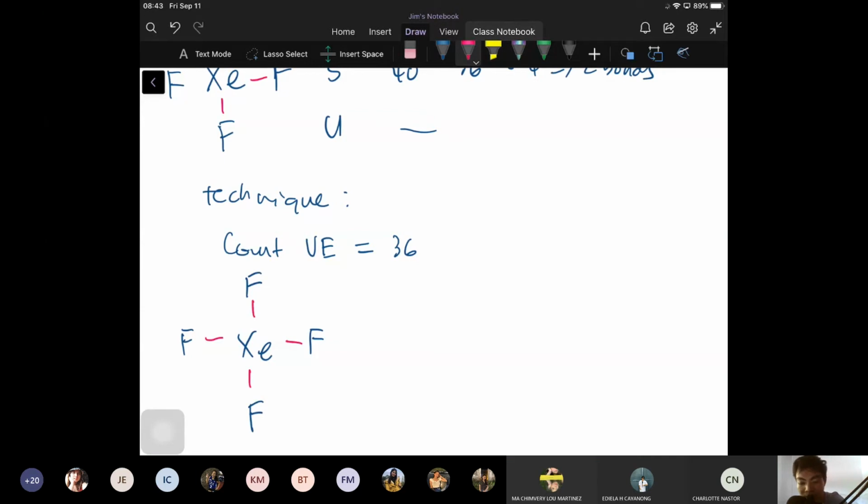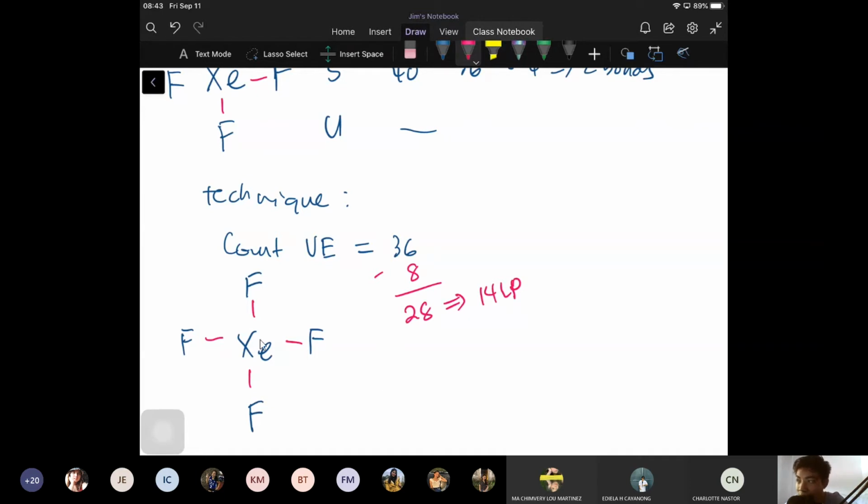So how many have I used? 8 electrons. Minus 8 gives 28. That is the difference. All of that 28, I will use as lone pairs. So how many lone pairs is that? 14 lone pairs. Then I will distribute the 14 lone pairs to my terminal atoms first.